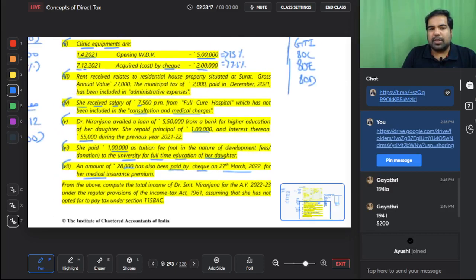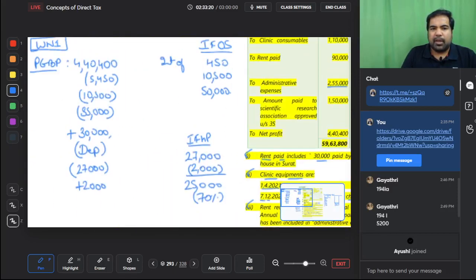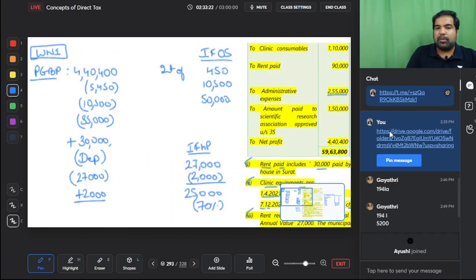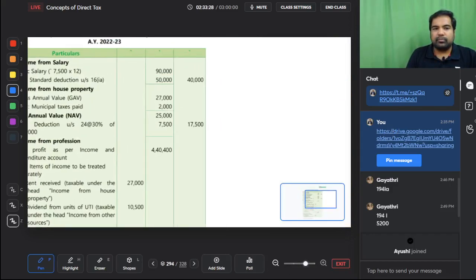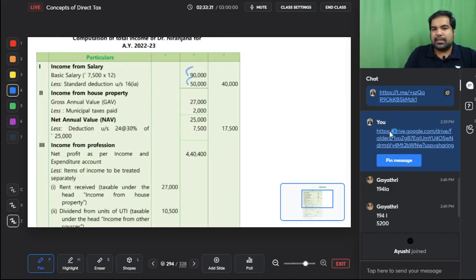Guys, this is how you do a sum like this, very easy, and you will do the calculation here and you will get PGBP profit. You will do the calculation, you will get IFOS, IFHP and salaries. Just showing you the calculation. Salary less deduction, IFHP same.